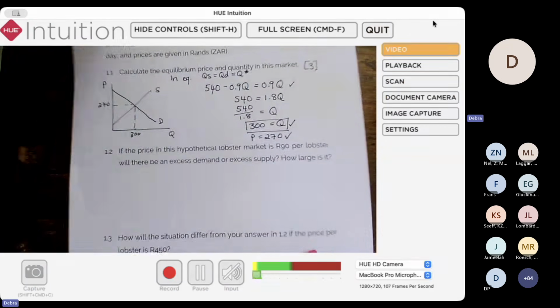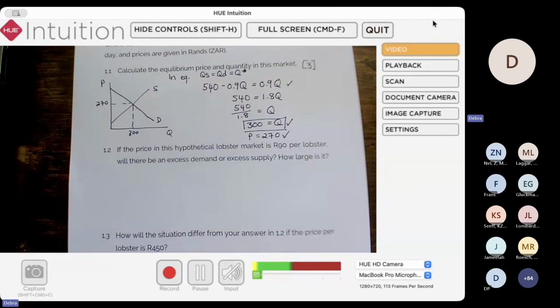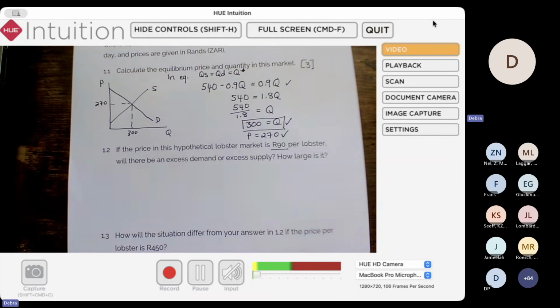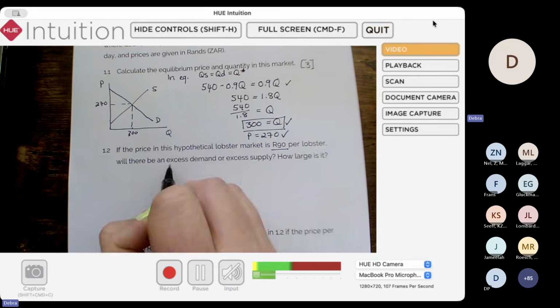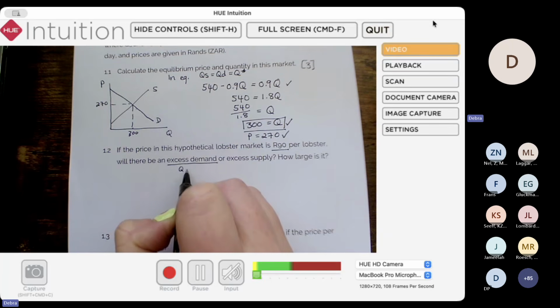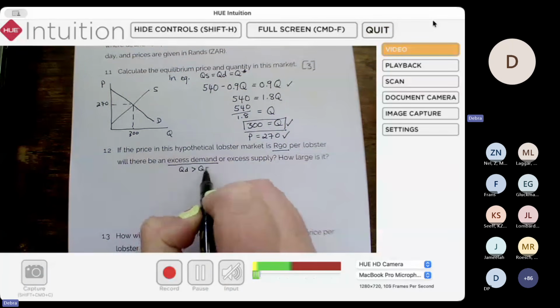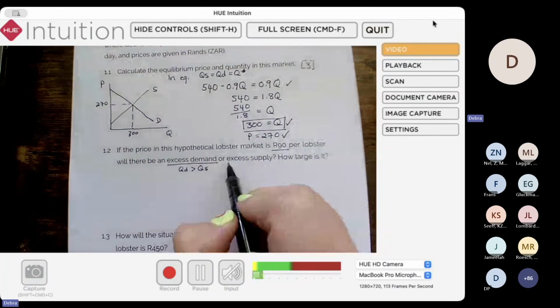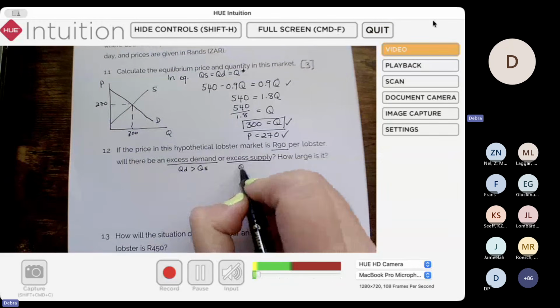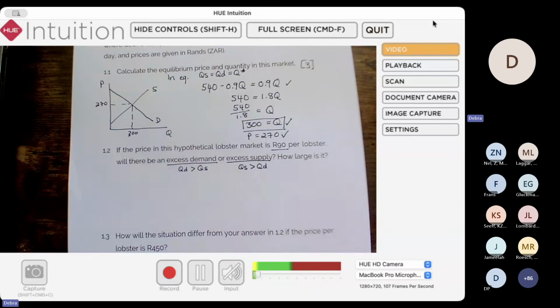Then the next question says, if the price in this hypothetical lobster market is 90 Rand per lobster, will there be an excess demand or excess supply, and how large is it? So if we're talking about an excess demand, it means our quantity demanded exceeds our quantity supplied. And if there is an excess supply, it means the quantity supplied exceeds the quantity demanded.